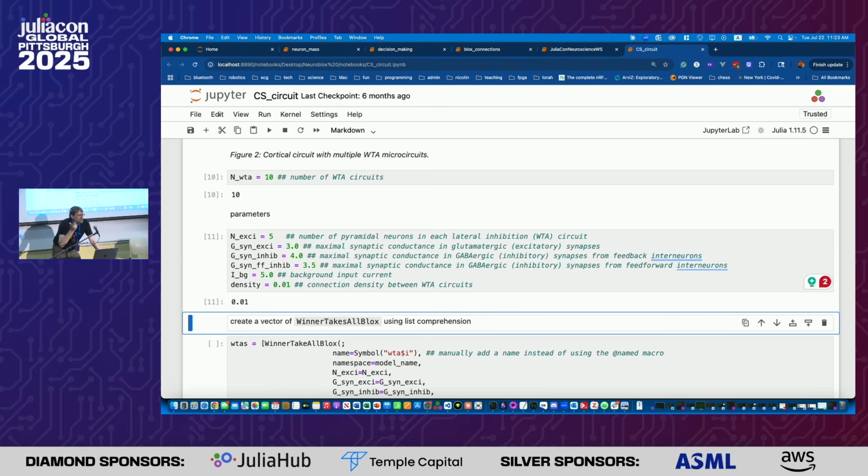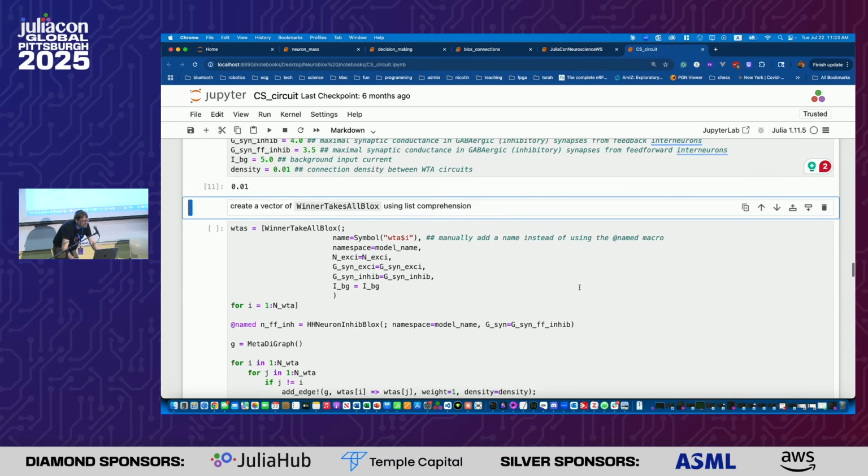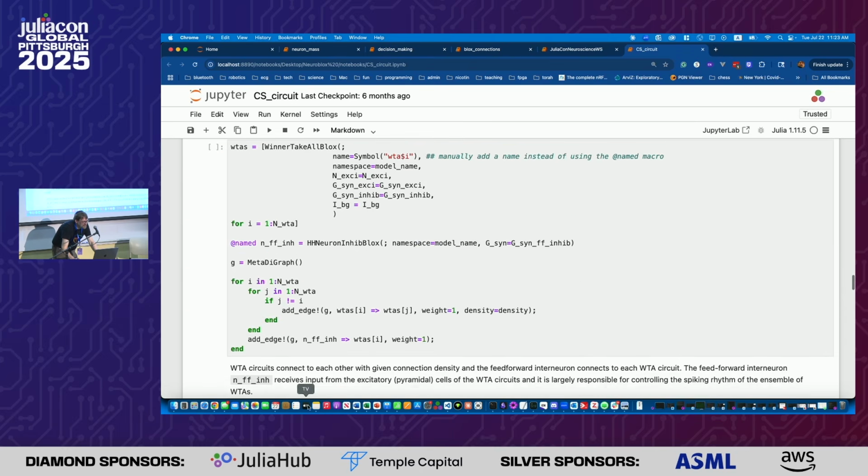And you can convert these two. One is dependent on the size of the system, and one is not. And we, for some reason, chose that it's dependent on the size. Okay, and then we essentially assemble the system.